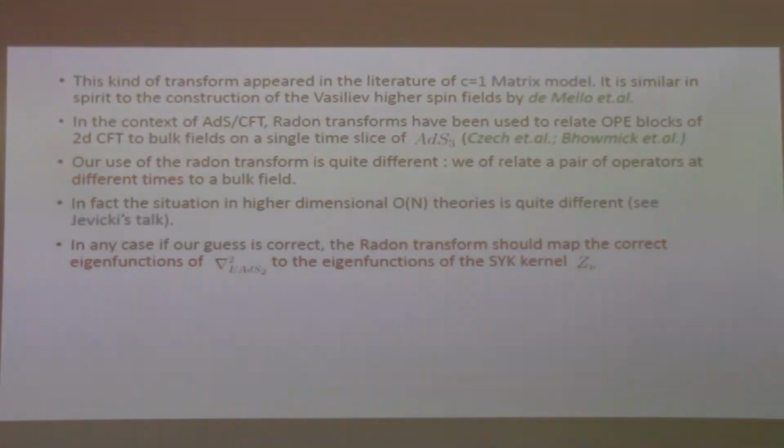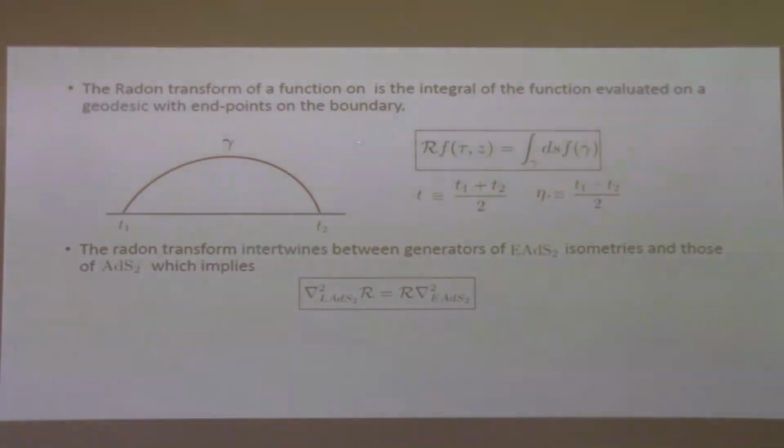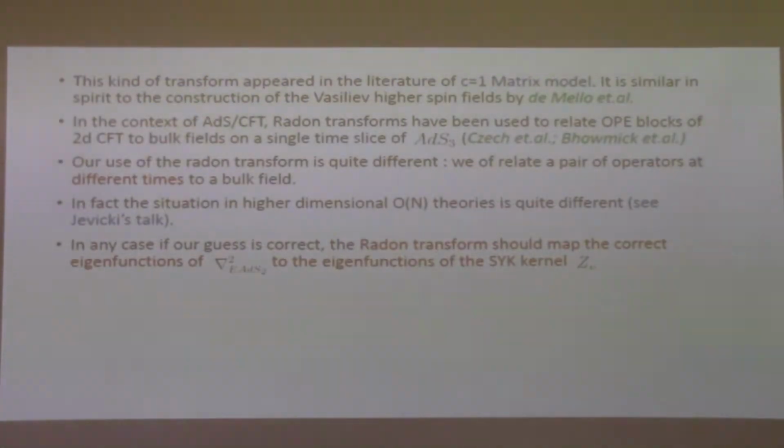It's similar in spirit to the construction of the Vasiliev higher spin field, which was done by Das, Jevicki et al., which I just mentioned, the way to actually identify the right higher spin fields from the bilocal fields for the three-dimensional O(N) model, where once again there was a canonical transformation, it was a point transformation for the momenta, and that allows you to write down a transformation.